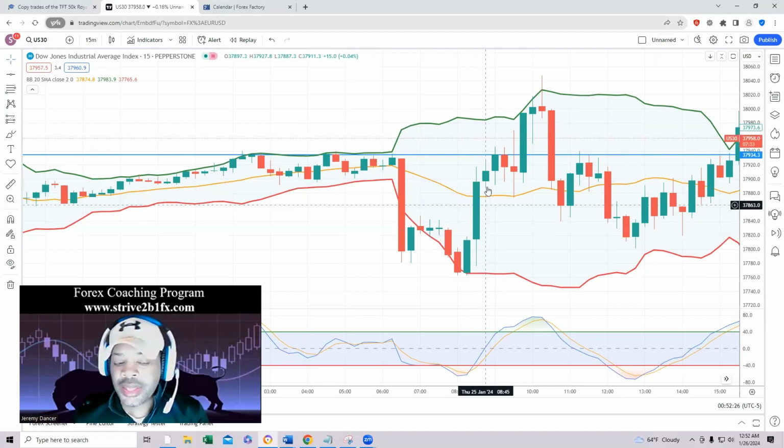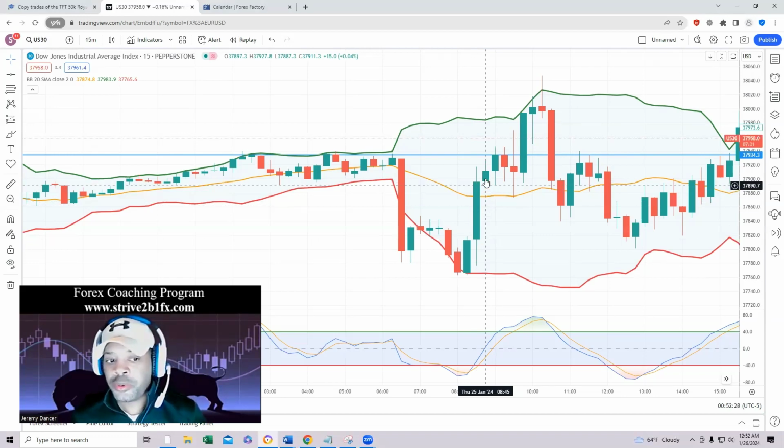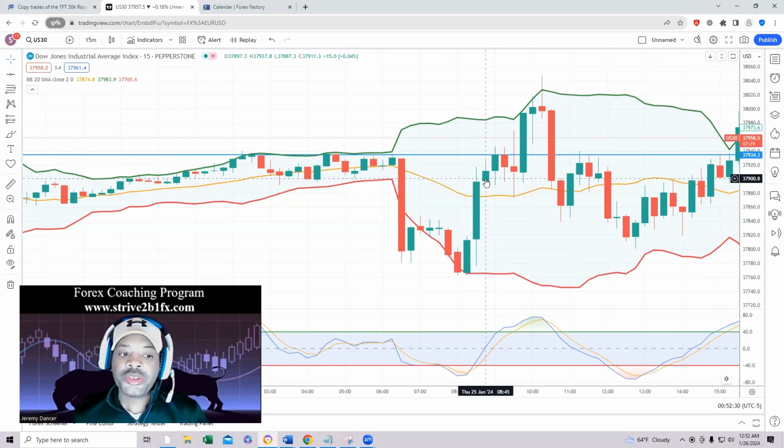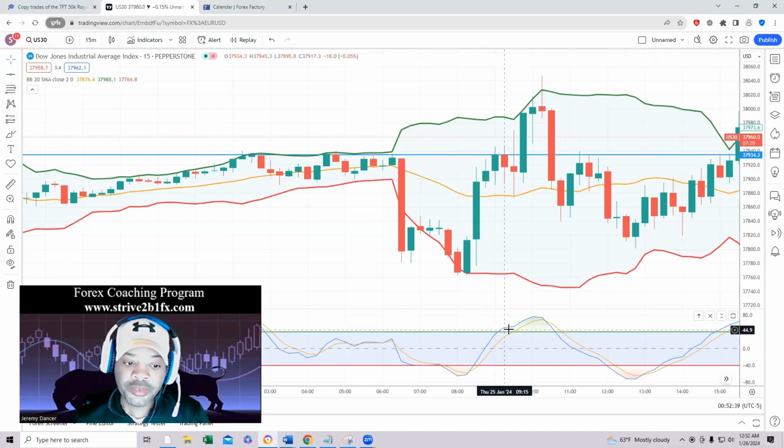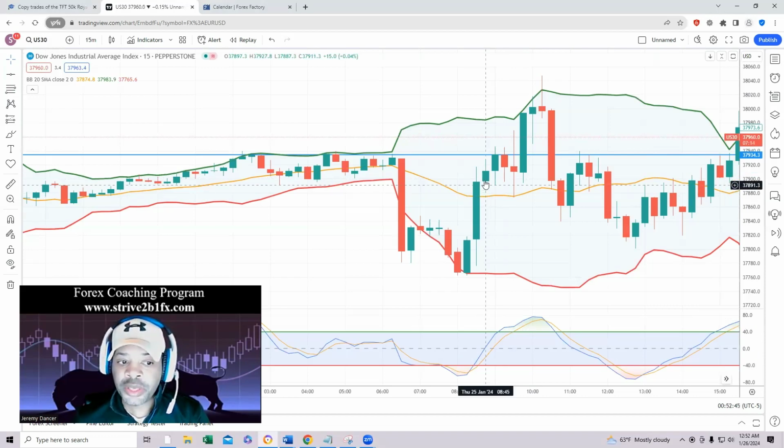But in this case, that didn't happen. So there really wasn't a pullback in this situation. So if you were going to trade at this time, then you would have had to factor in the strength of the momentum and the fact that the candle was above the middle band, and then you could have placed a trade here.